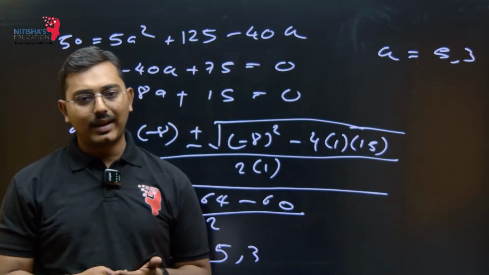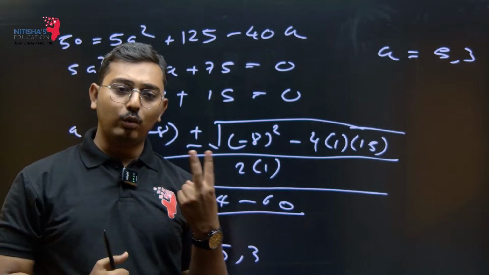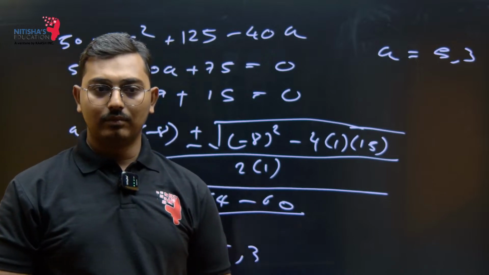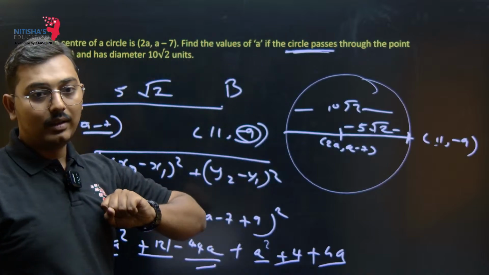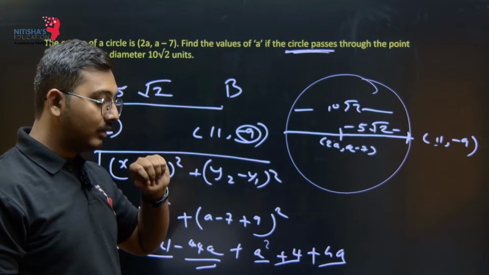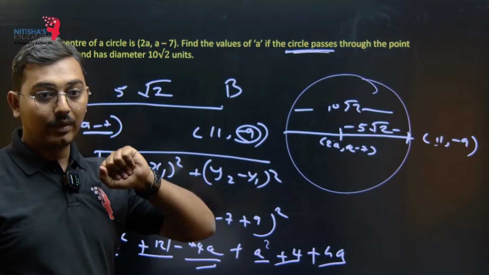Now the question arises: why do we have two values of a? It is a circle. There is a fixed center. Then why are there two values of a?